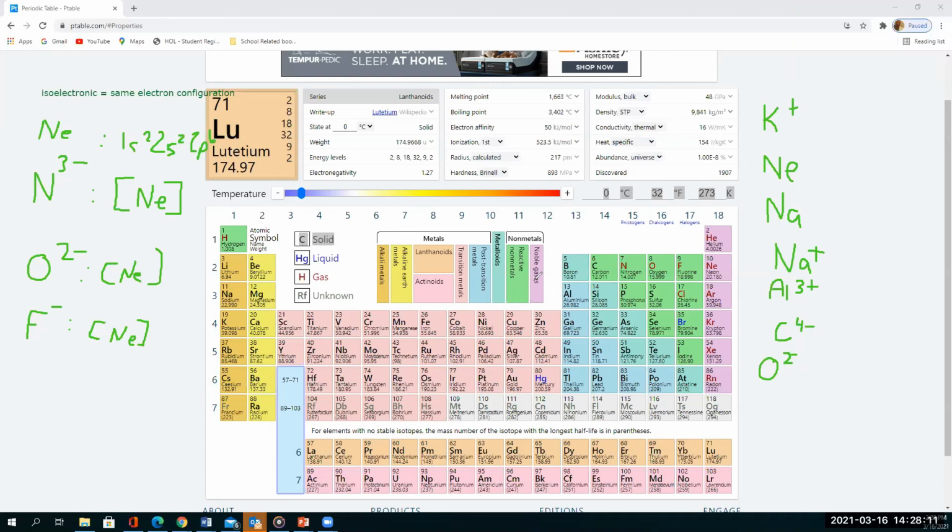Can potassium and sodium be one? So you're saying, remember, this is potassium plus and sodium plus. Are they going to be the same? Are they going to have the same number of electrons? Oh, no. Okay, so what is the electron configuration for K plus?